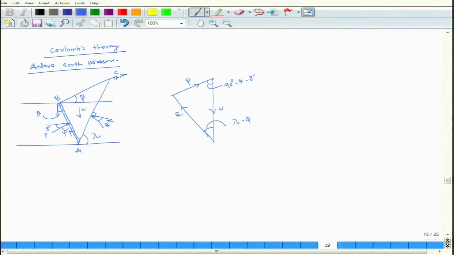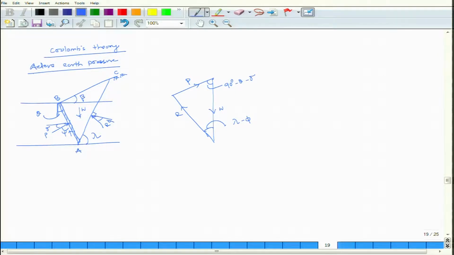R is your reaction force, P is your force because of delta, the friction angle between the soil and the wall, and W is your self weight, because this force triangle has to close. So, this angle is lambda minus phi, this will be 90 degree minus theta minus delta.